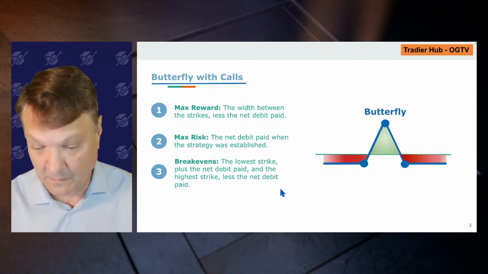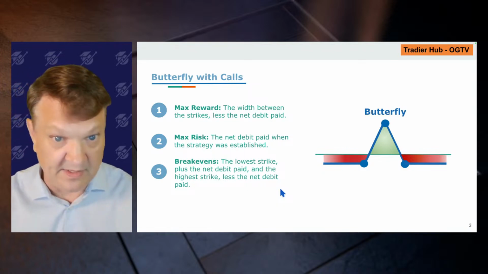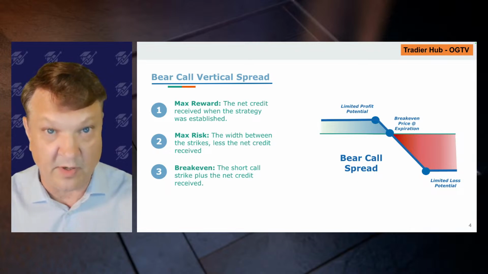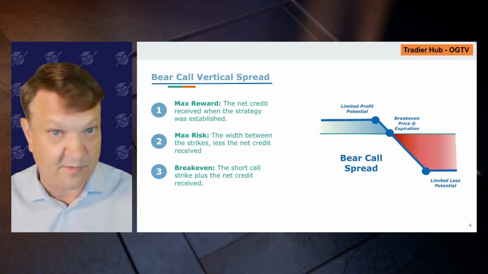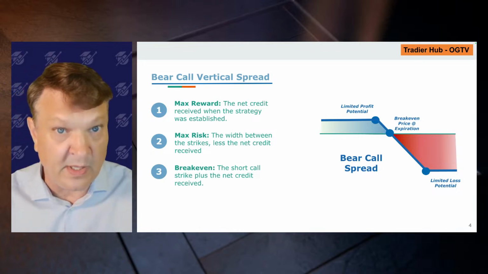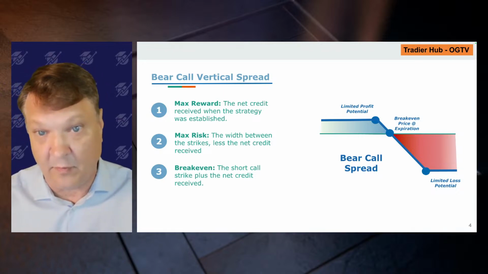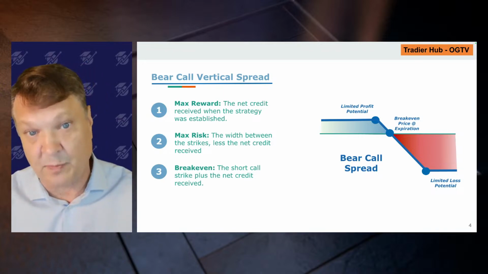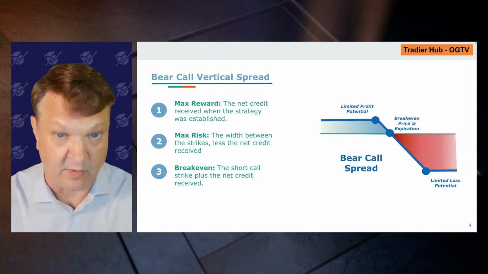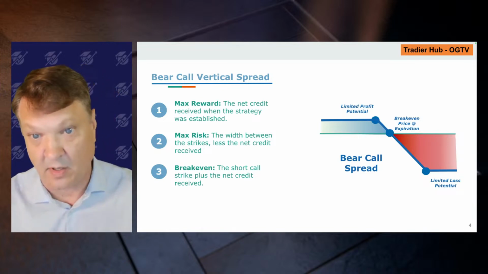All right. So we have this nice butterfly, but a lot of people love to do vertical spreads. They love to sell spreads for a net credit, especially when volatilities are up a little bit and you can get a little bit more premium for selling your credit spread, or what I call here a bear call vertical spread. So once again, we're going to focus on the call side of things.